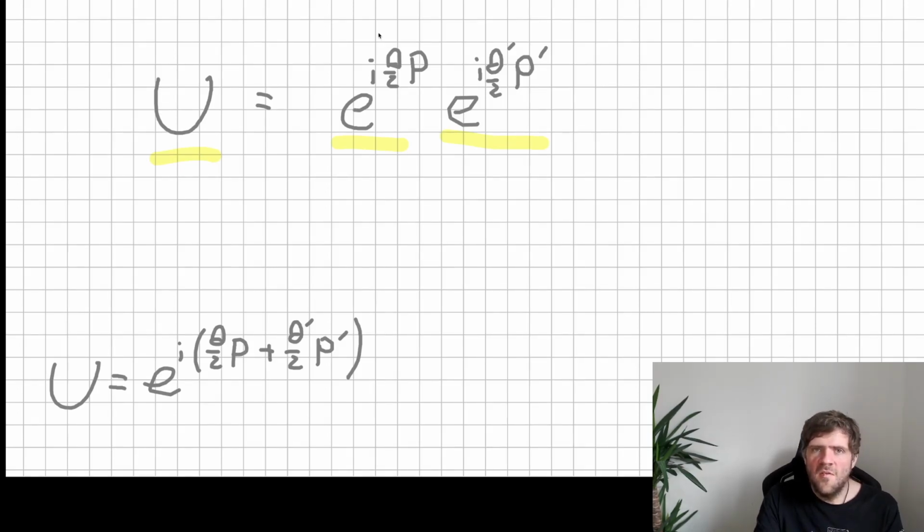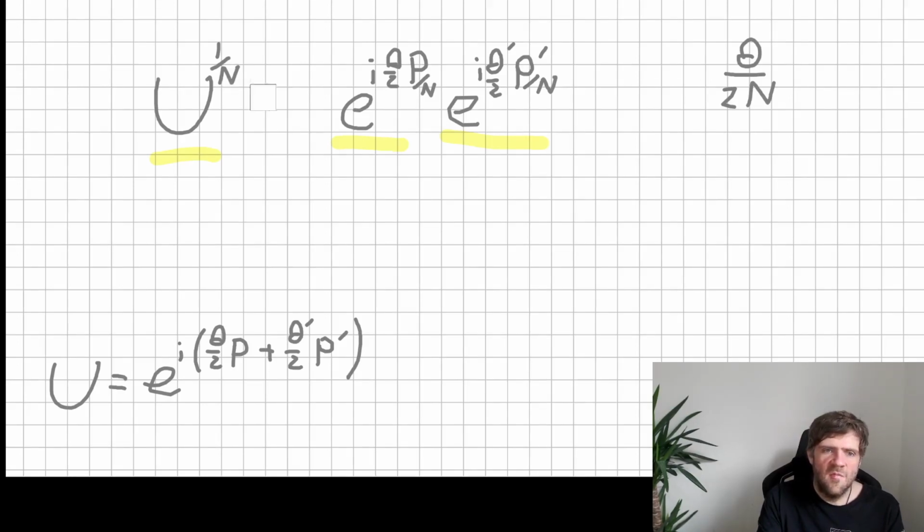But what we could do is take the nth root of both sides for some sufficiently large n. So we take the nth root of each of these, which is equivalent to having theta over 2n instead of theta over 2, and so on. So just making the angle much smaller.